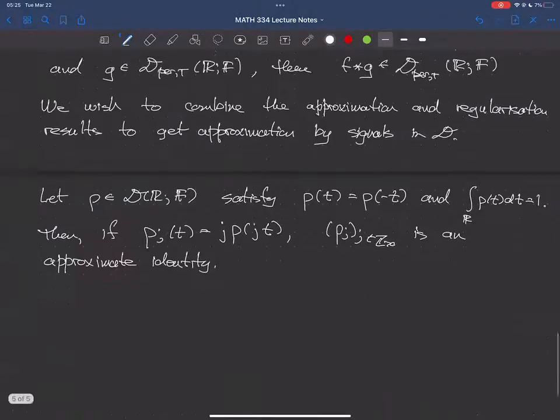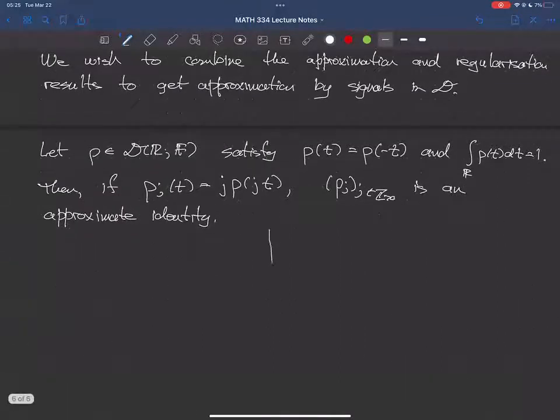The idea is that for small values of j, I have this infinitely differentiable thing that sort of looks like this, and as j gets larger, they tend to become more and more concentrated about 0.